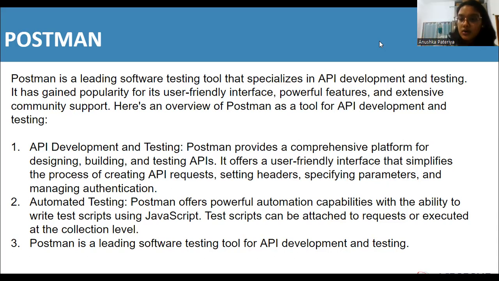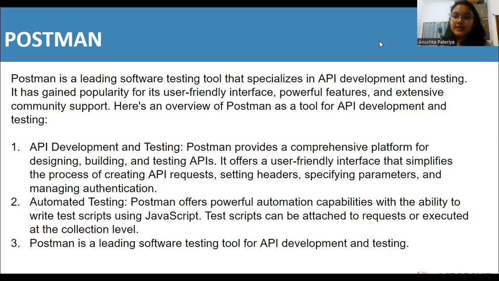Now, what is automated testing? In automated testing, we just give whatever we want to test. We give the API link, or the API in general, and we tell Postman what we are expecting it to perform.